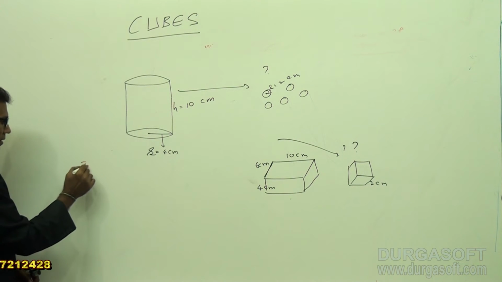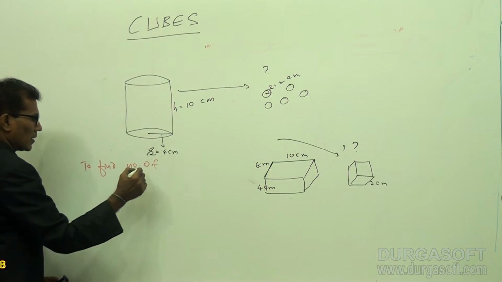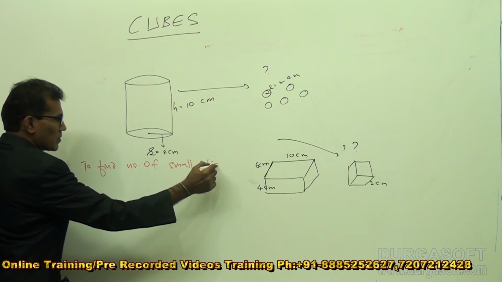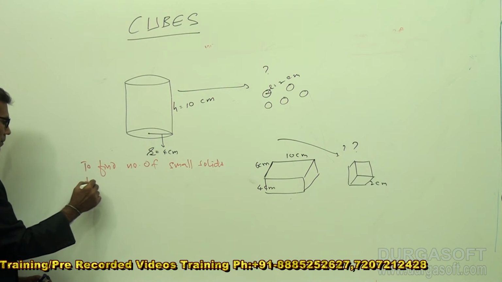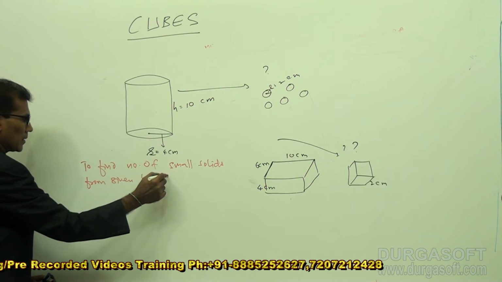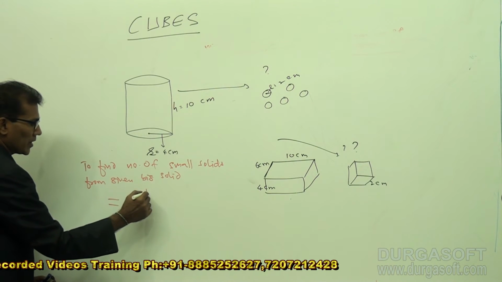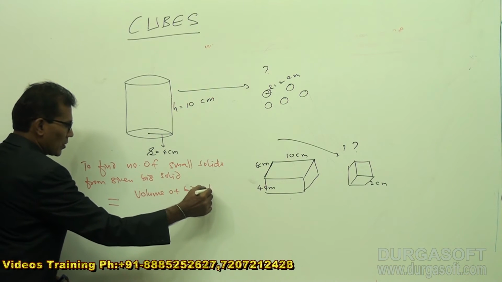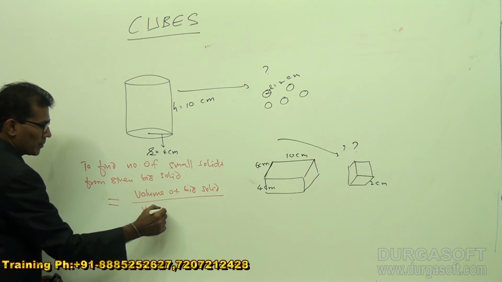To find the number of small solids, of any type, from a given big solid, it is equal to the volume of the big solid divided by the volume of the small solid.